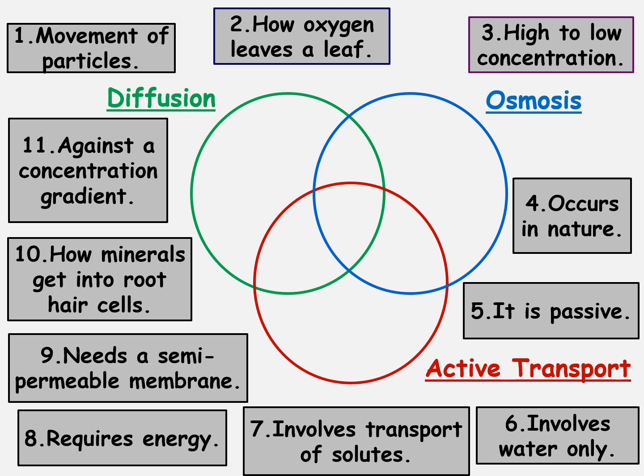So what I'd like you to do is to have a think about all 11 of those statements, and decide whether that statement applies to diffusion, osmosis or active transport, or of course a mixture of them. And then place them into the correct part of your Venn diagram. Okay, so it'd be a good idea to pause the video now and have a think about that and complete it in your book, please.